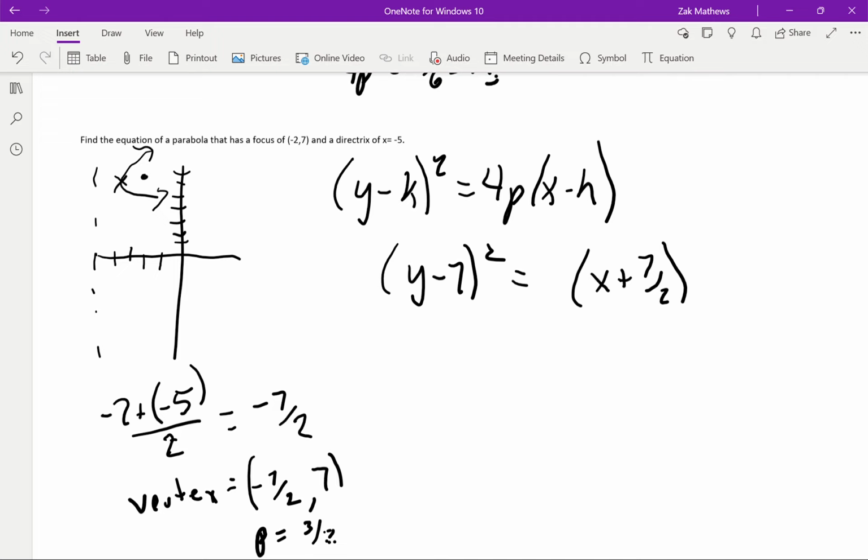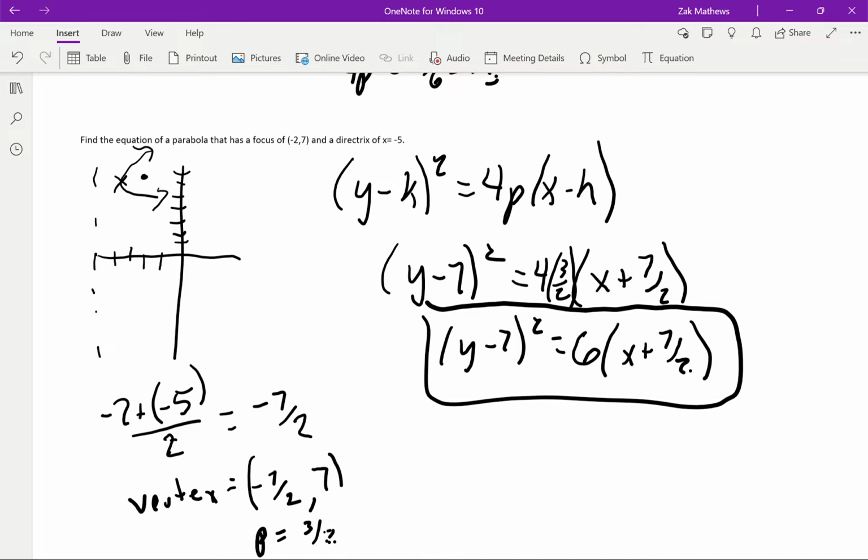Another way to think about it, there are 3 total units between the focus and the directrix, from -2 to -5. Half of that would be 3 halves. So we'll have the 4 times the 3 halves. Squeeze that in there. So we'll have y minus 7 squared is equal to half of 4 is 2 times 3 is 6, x plus 7 halves.